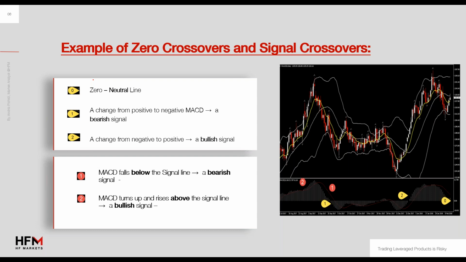If, however, our MACD lines are above zero, with the histogram above the signal line, like over here, that's a very bullish signal, a buying signal.